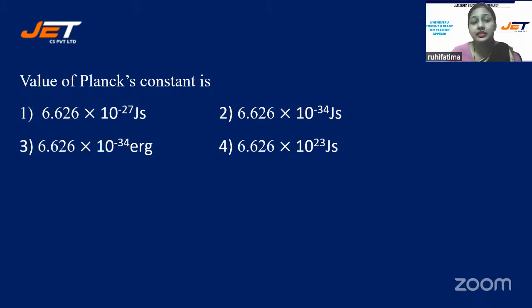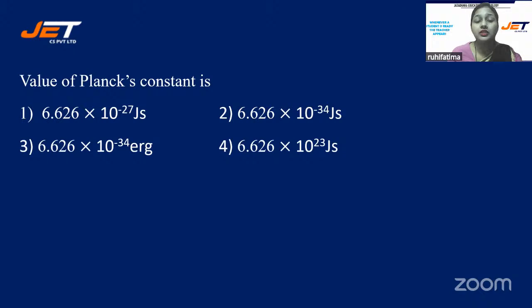Value of Planck's constant is, and your options are number one, 6.626 into 10 to the power minus 27 joule second. Option number two, 6.626 into 10 to the power minus 34 joule second.